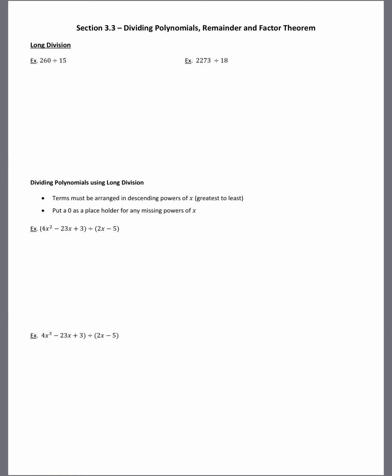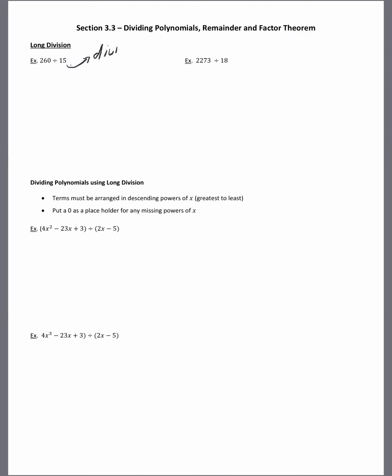So let's take this first example here. It says 260 is to be divided by 15. And since this is a double-digit number, just a couple of things real quick to remind you of. The number 15 here is called the divisor.